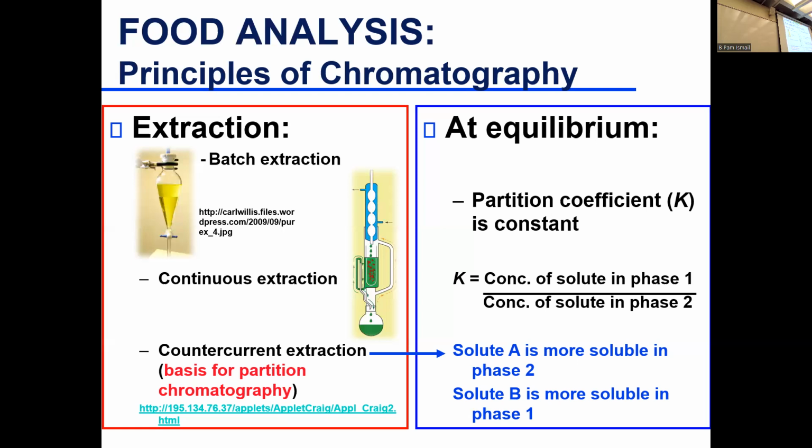That means it likes the stationary phase better. Solute B likes the mobile phase better. So it's going to move quickly, more with the phase that is moving. Okay, so which of these solutes will have a higher partition coefficient, A or B?